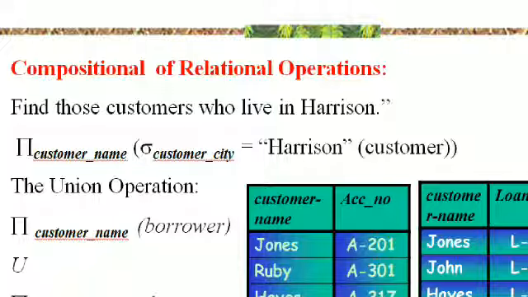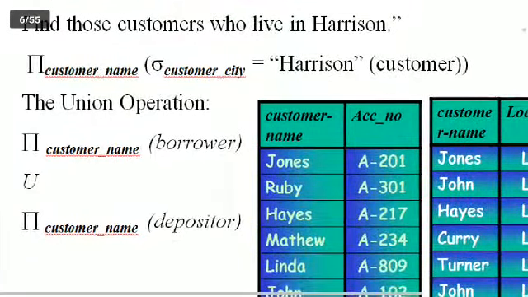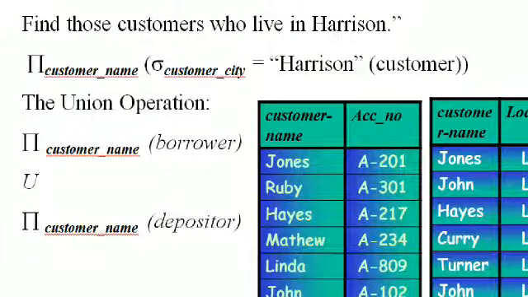whose city is Harrison. The next operation is union operation. It is a very simple operation. We can combine the values or the columns from two tables. For example, we have two tables, borrower and depositor, and we want to combine the field customer name of borrower and customer name of depositor.